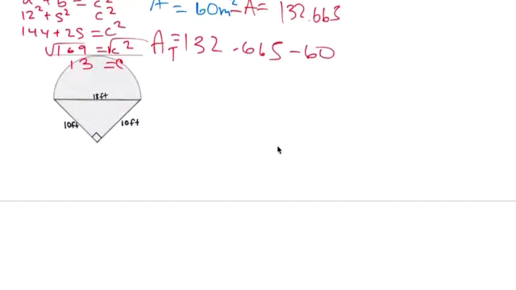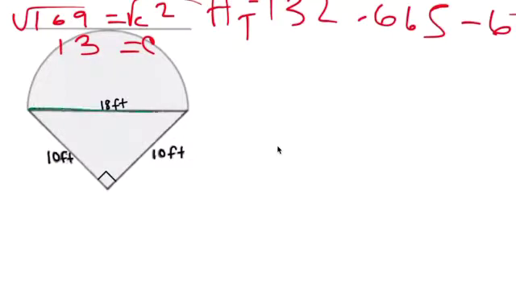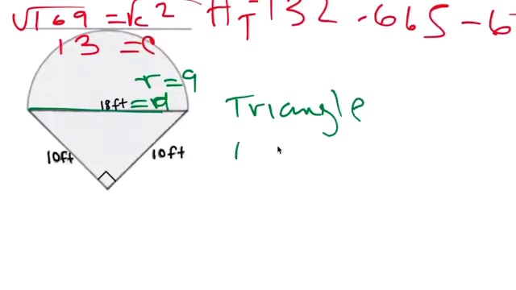Right here, oh, thank goodness, this is the radius. I mean, that's the diameter, radius is 9, right? Find the total area. Okay. We do the triangle. Area is length times width divided by 2.